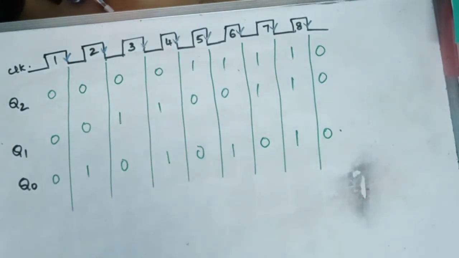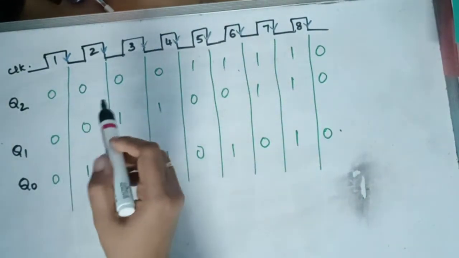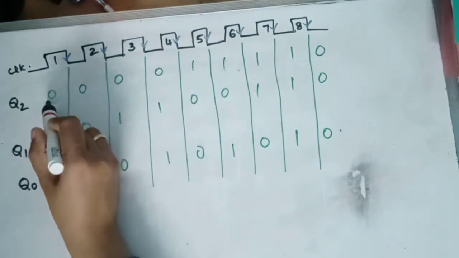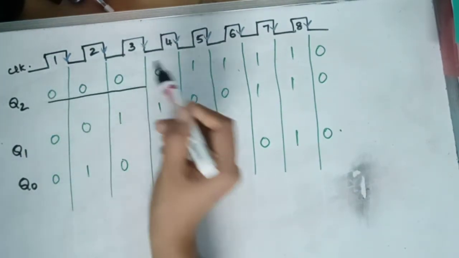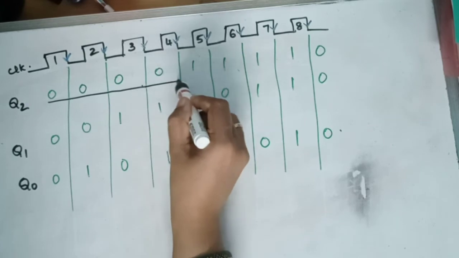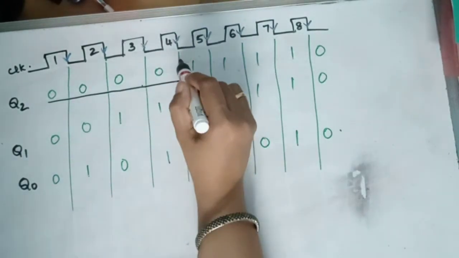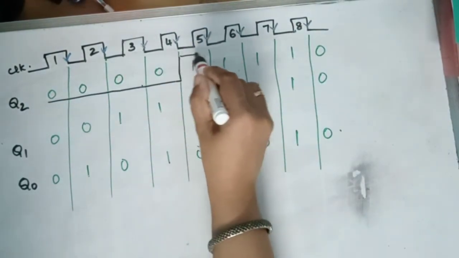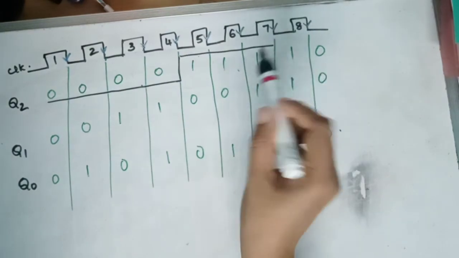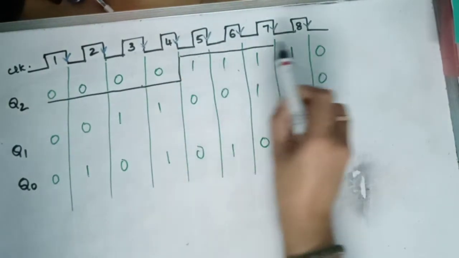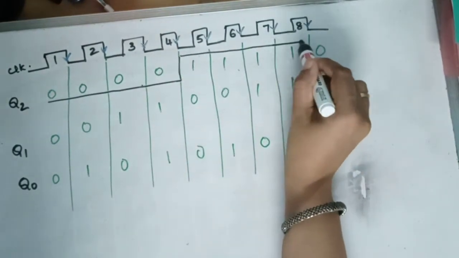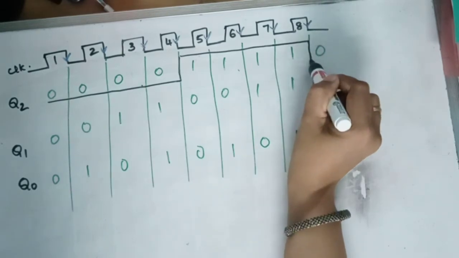Now using this, I'll draw. How do I draw? Zeros, I'll keep at low. Ones, I'll keep at high. So it is 1, 1, so I'm keeping it at a higher voltage. Then it goes to low.